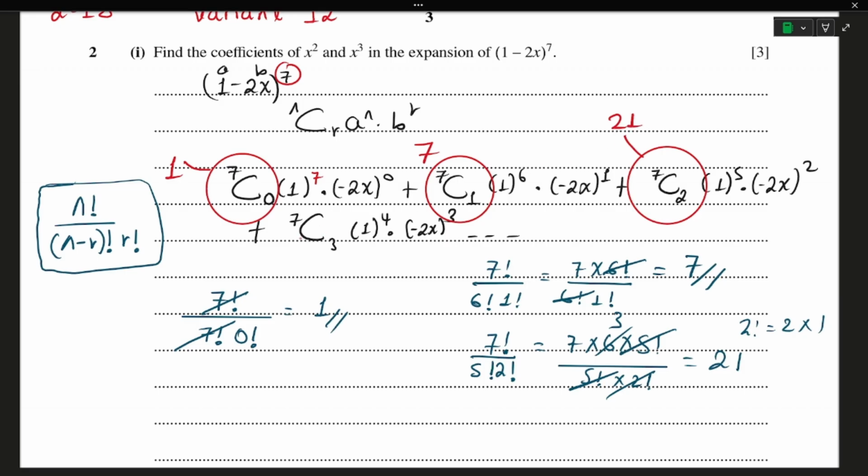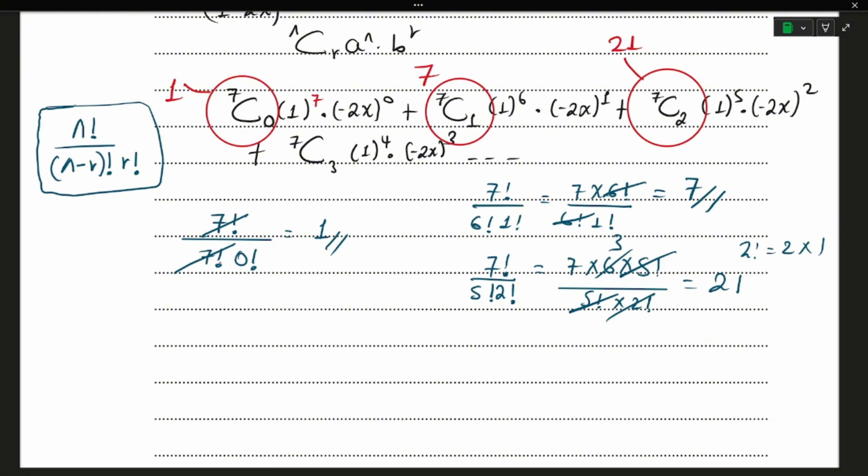Now the last one that we are going to do is to find the cofactor of 7 and 3. So we will have 7 as n, and then n minus r is 7 minus 3, sorry, r is 3. So it will be 4, and also r is 3. Now 7 times 6 times 5 times 4 factorial over 4 factorial times 3 factorial, 4 by 4.